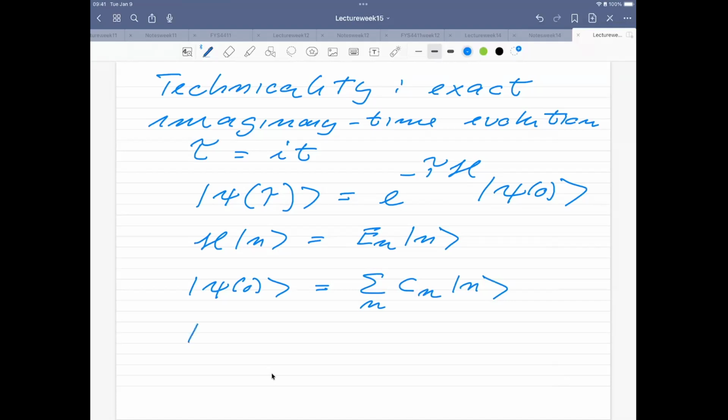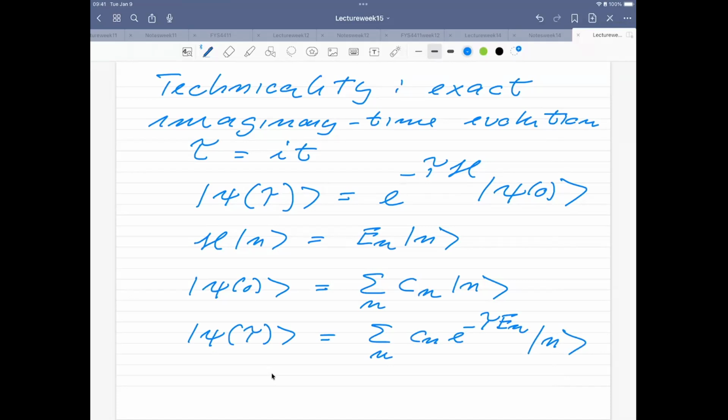So that gives us the time evolution of the state, this imaginary time evolution, which is then given by the sum over n of C_n e^(-tau E_n) times |n>. Because now the different states n are actually eigenstates of the Hamiltonian.